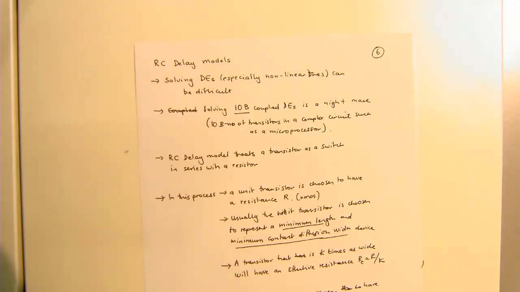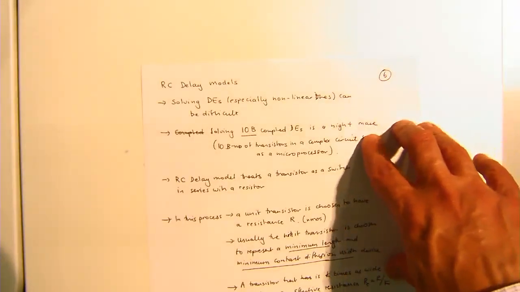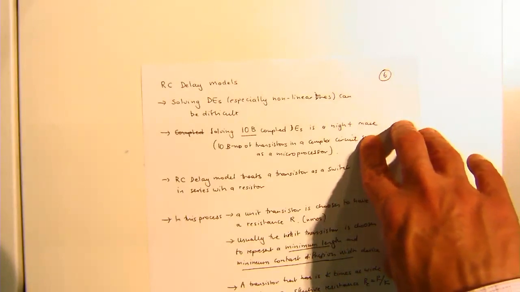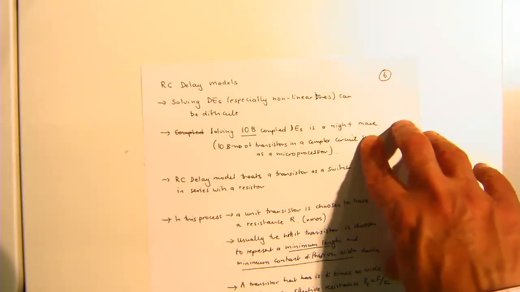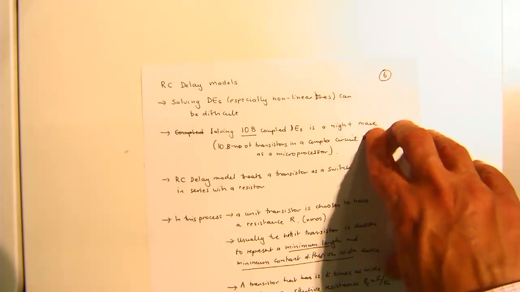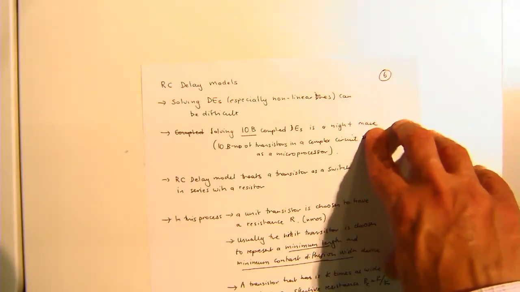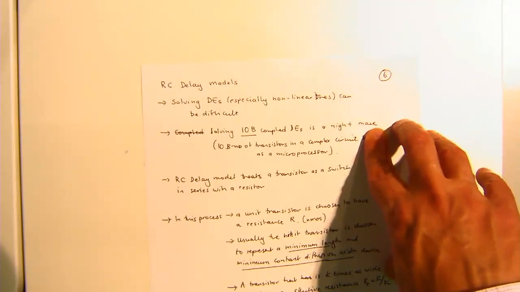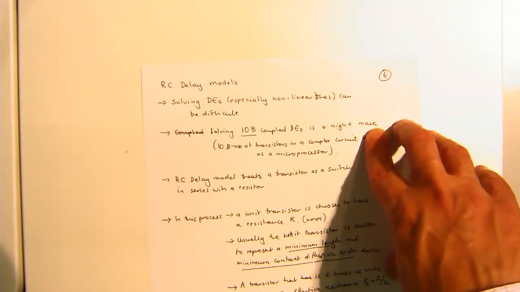Essentially what I tried to emphasize to you was that chips are getting very complex today. For example, a processor might have up to 10 billion transistors, right? And if you try to put that in any kind of simulator, it just won't work. You don't have enough computing power, right?